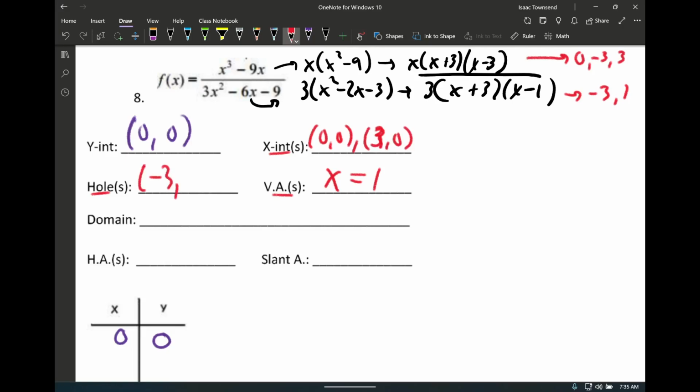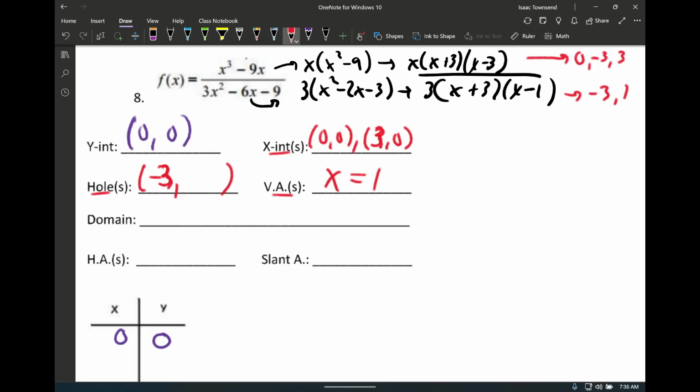And -3 makes both the numerator and denominator 0. So the numbers that made just the numerator 0 were the x-intercepts. The numbers that made just the denominator 0 were the vertical asymptotes. And then there's going to be a hole when x equals -3, because -3 makes the numerator and denominator 0.